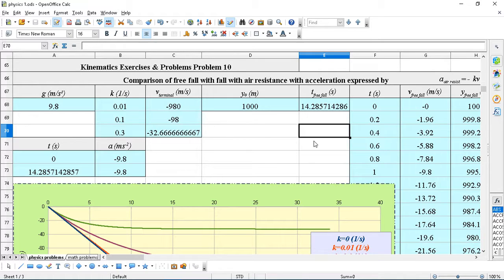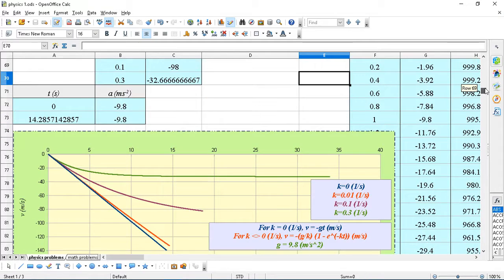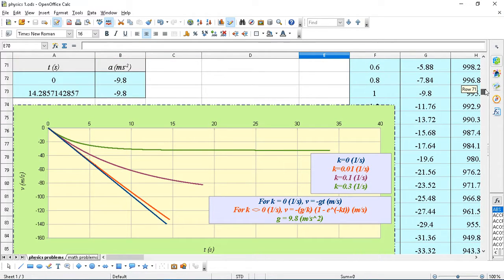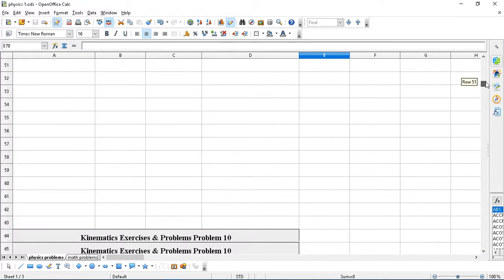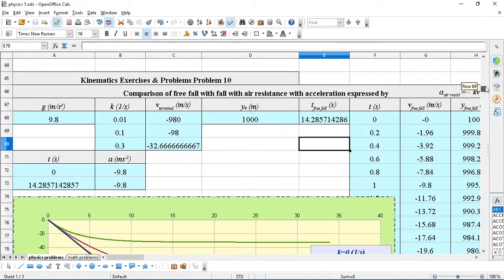We have as constants the value of the acceleration with gravity, the initial height from which the falling body is let go, and first we have the calculations for the free fall, and from there we start making the calculations for three values of k.